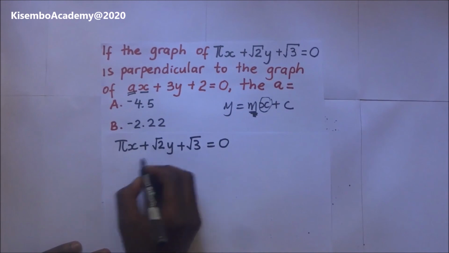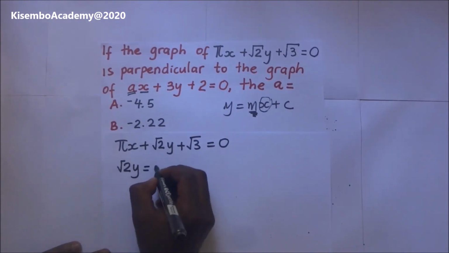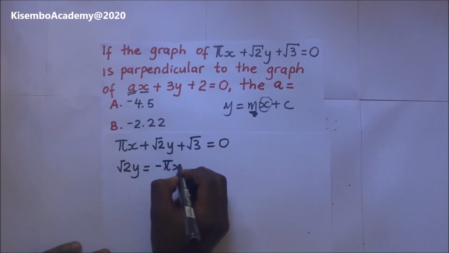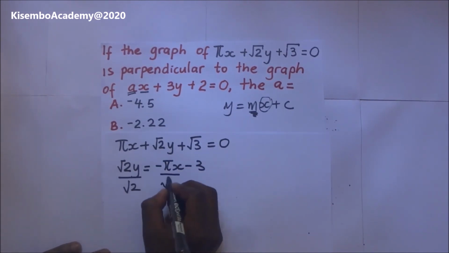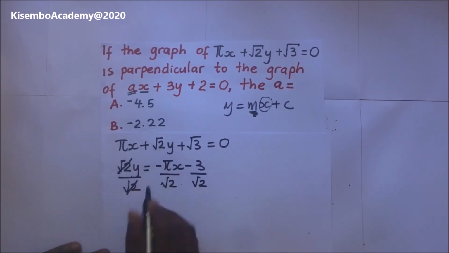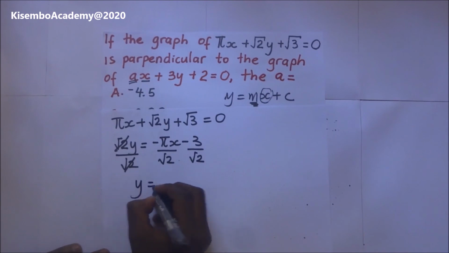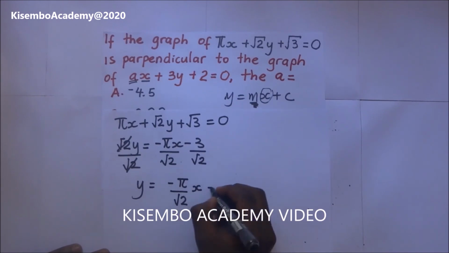So this is going to become root of 2 y is going to be given by negative pi x minus 3. When we divide through by root 2, this goes with that to remain with y, giving us negative pi over root 2 of x minus 3 over root 2.